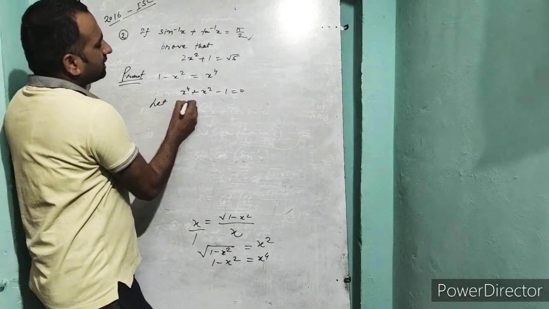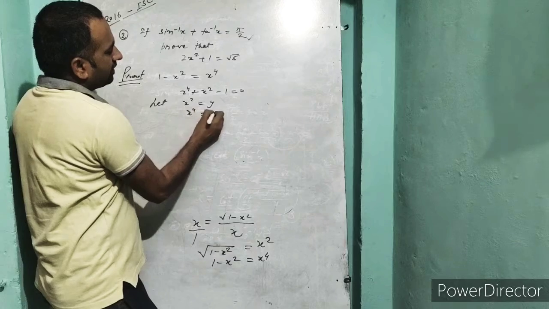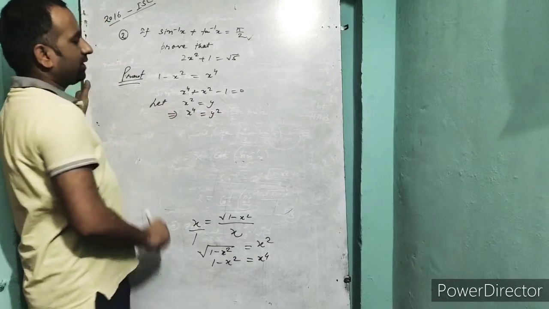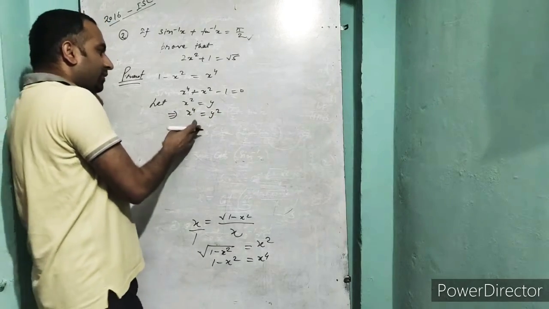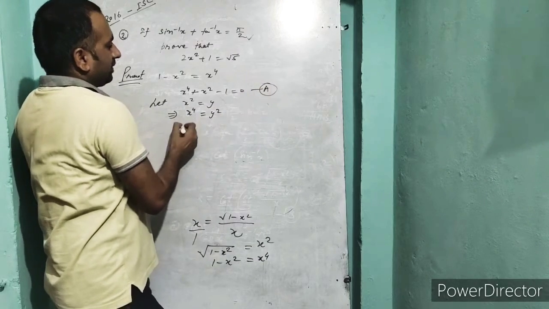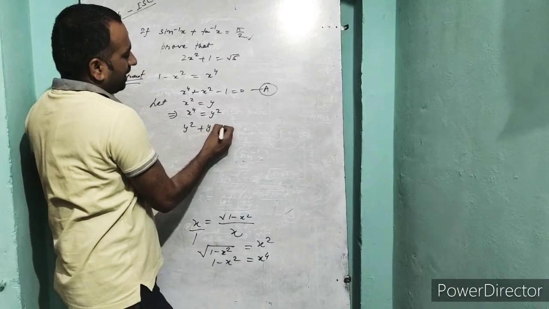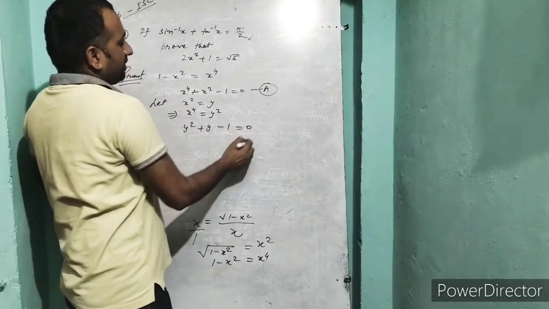Let x square be equal to y, so x to the power 4 is y square. Put the values of x square and x to the power 4 in equation number A. So this will give you y square plus y minus 1 is equal to 0.